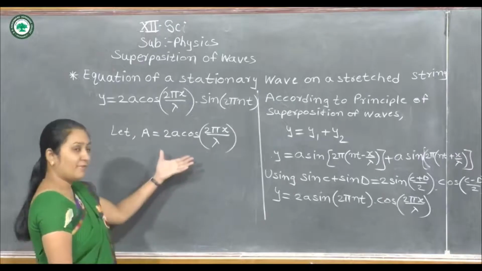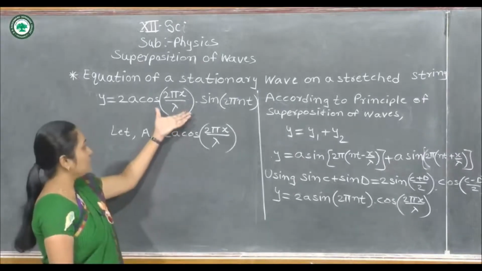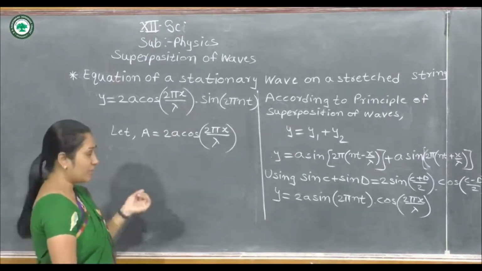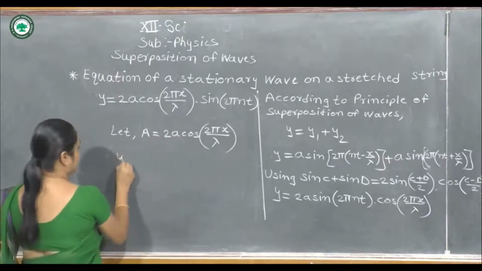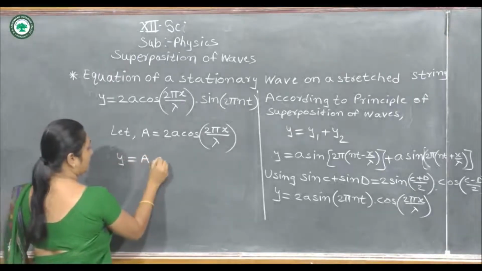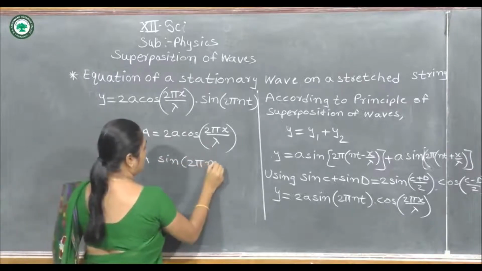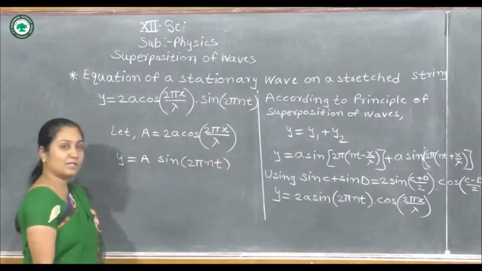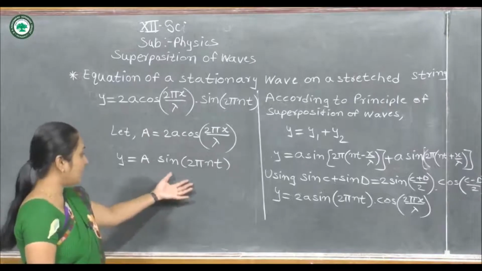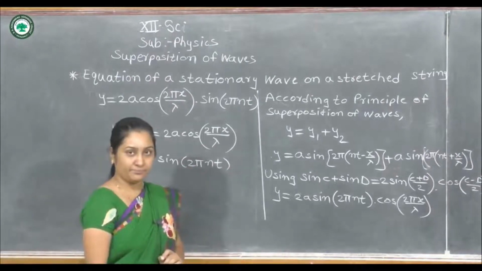Now we will substitute this value in this equation. So we can write y equal to A sin 2 pi nt.